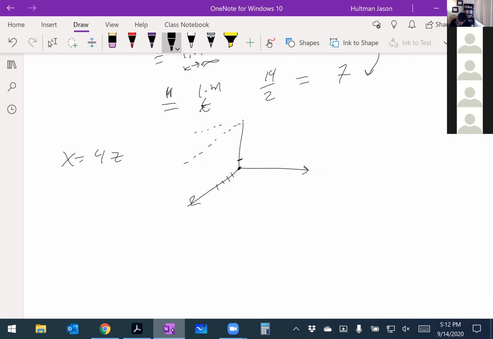So 0, 0 is a point on this, but it's also going to look like this. So we get this, and we want to rotate it with respect to the x-axis.